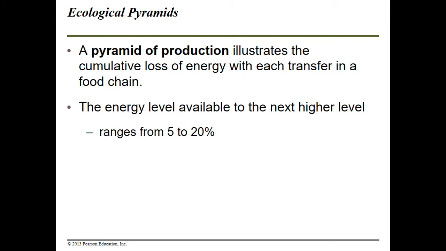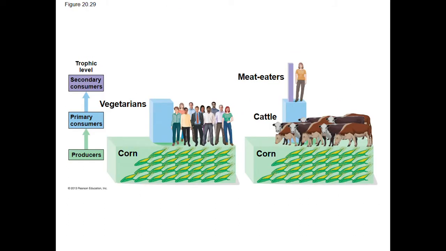Let's look at that pyramid of production level by level. Producers here in both of these examples would be the corn. Vegetarians are primary consumers, so out of that corn, 10% of the energy is going to the growth of vegetarians.